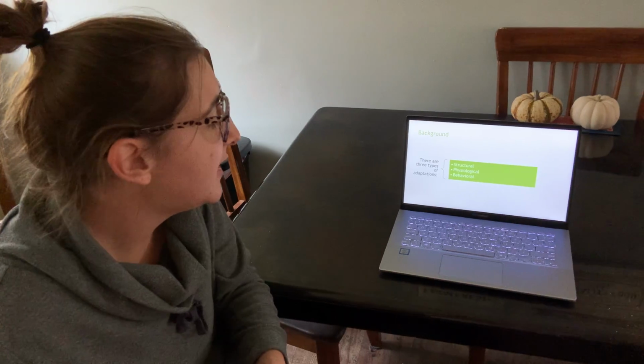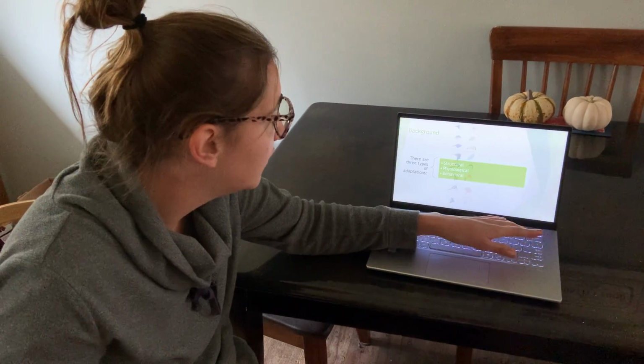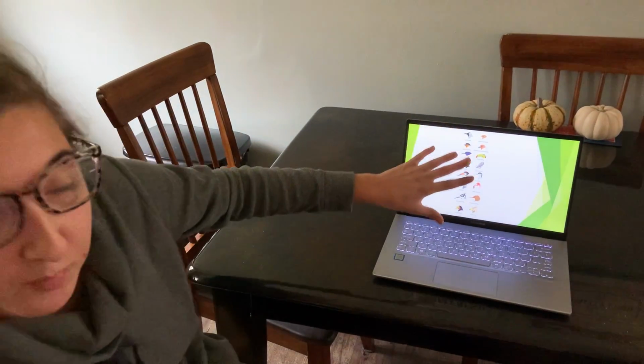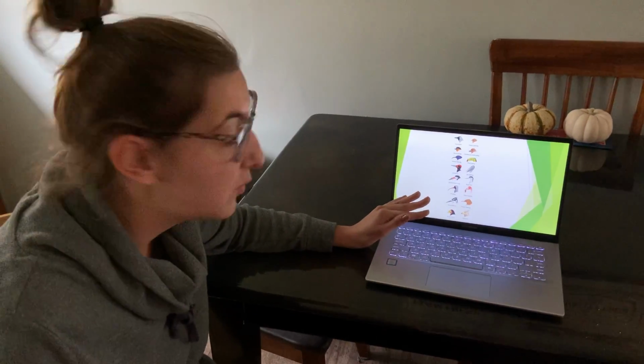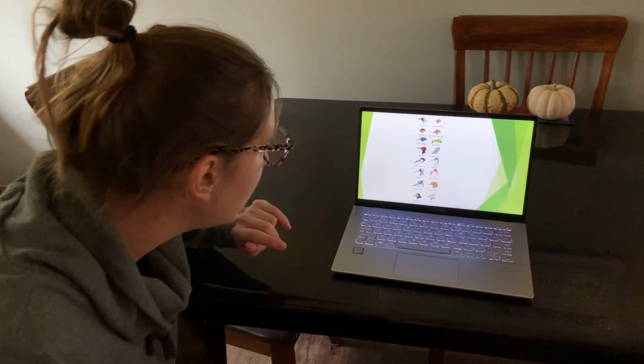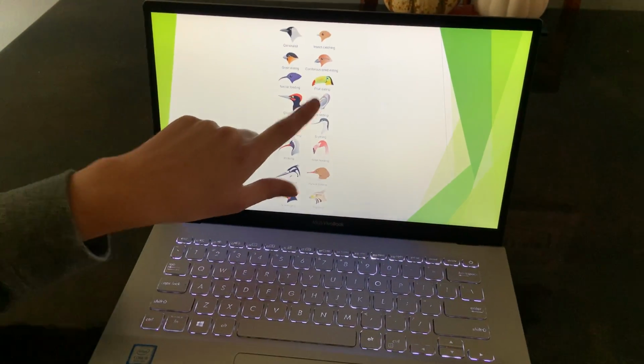So there are 3 types of adaptations. They include structural, physiological, and behavioral. And so let's look at these birds. All of these birds have different beaks because they have different purposes. For example, this one right here is for fruit.